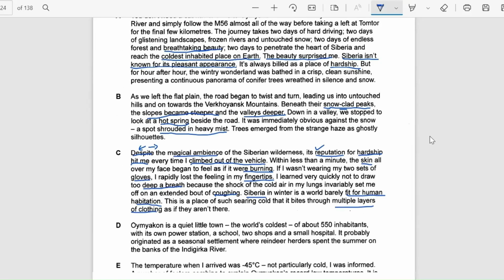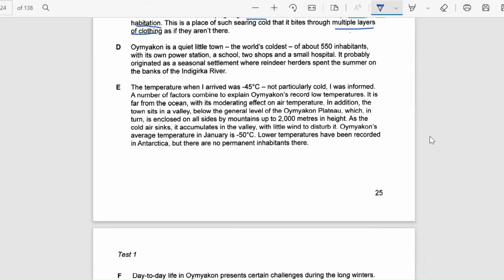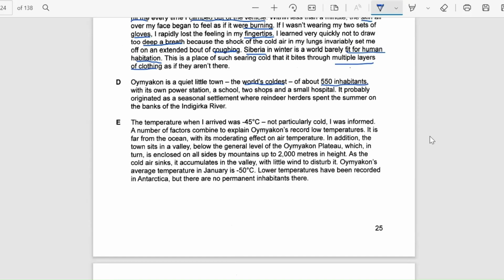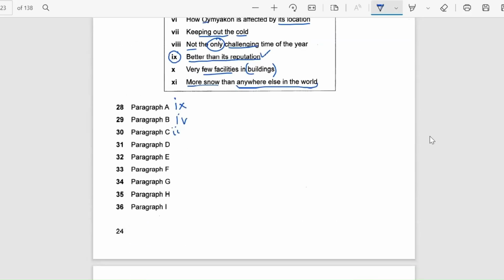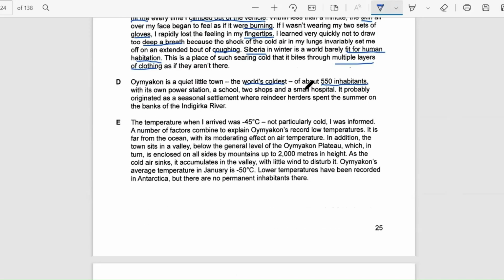So let's quickly go to number D. Now here again, it's talking about, oh, it's quite a little town and world's coldest. So it is the coldest place where there are these many inhabitants. Okay. Now, when I read the world's coldest, I also see here it was talking about more snow than anywhere else in the world. Now, there is a difference between having more snow and being the coldest place. Okay, so let's not jump to conclusions, just in case you remember this at this point in time.